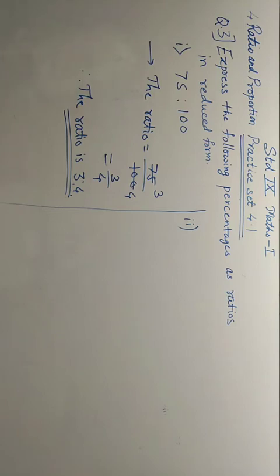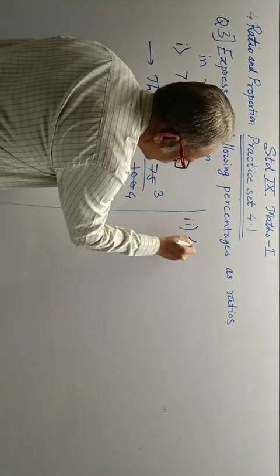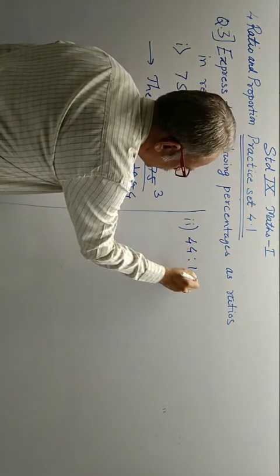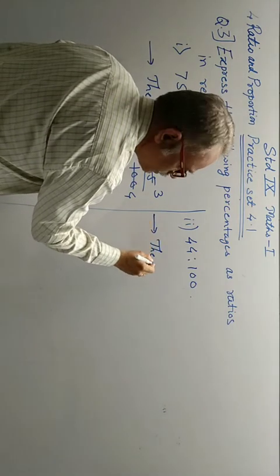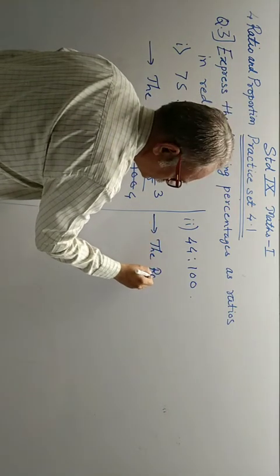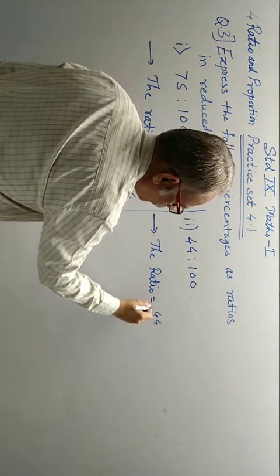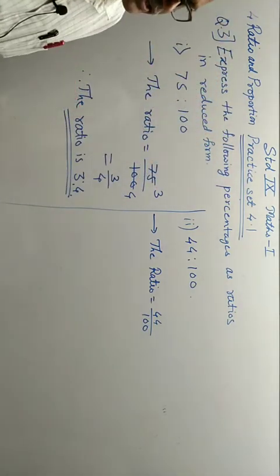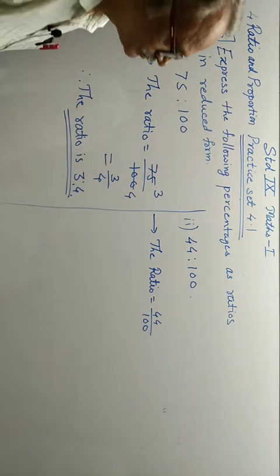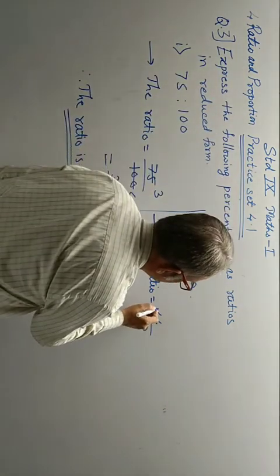Now the second, in the same way, 44:100. So the ratio is 44 upon 100, 44%. Ratio is equal to 44 upon 100. 44 is divisible by 4, 100 is also divisible by 4, cancel it.